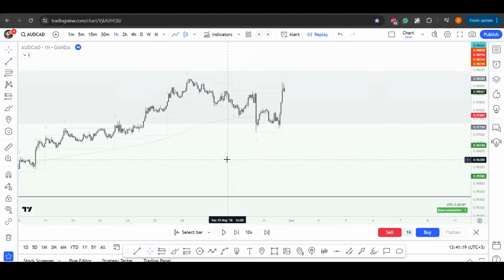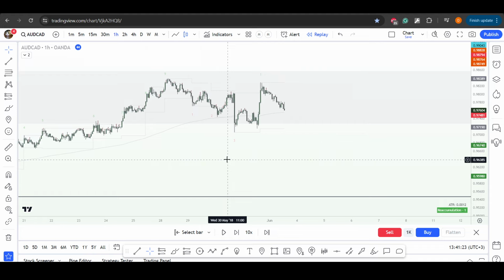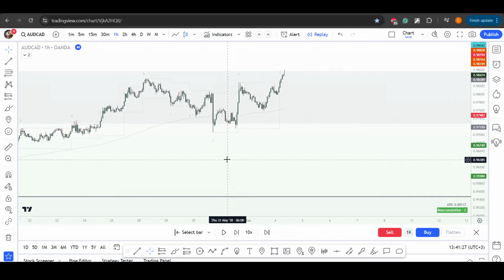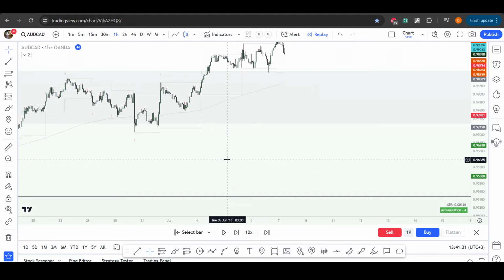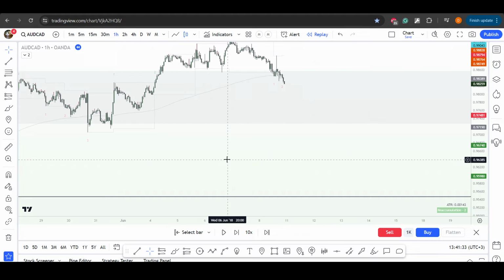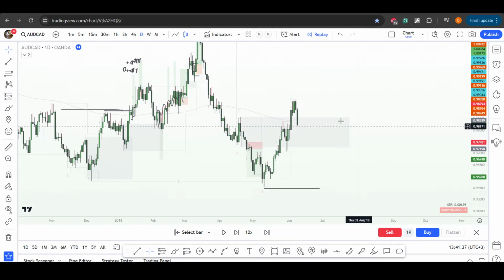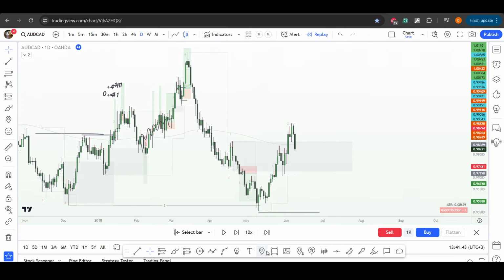So okay, great, we took this high and that high, and now let's see, because right now it's still pretty bullish here. So we went a little bit above this high, and we created this bullishness on the daily.